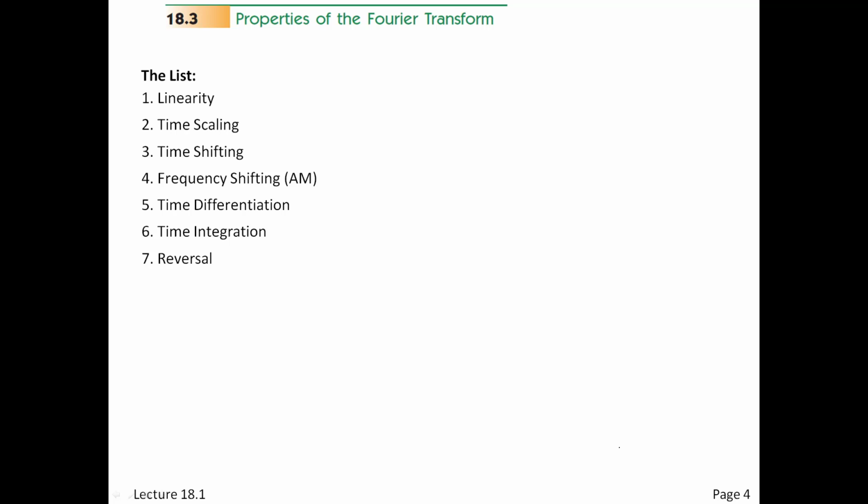Reversal, we'll see about this. It's fairly simple, but if you reverse the image of something, what does that transform look like? Duality, and we know the dual of functions. We're going to put some legs on that with regard to the Fourier transform.